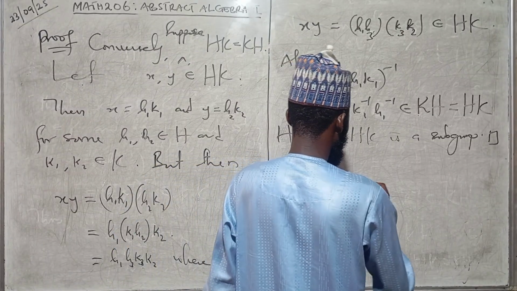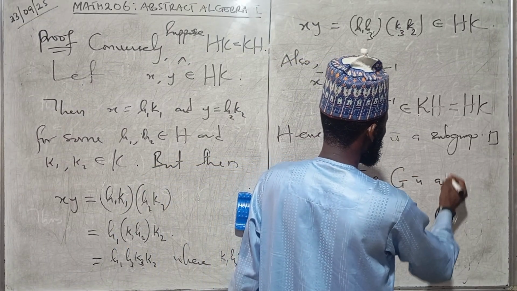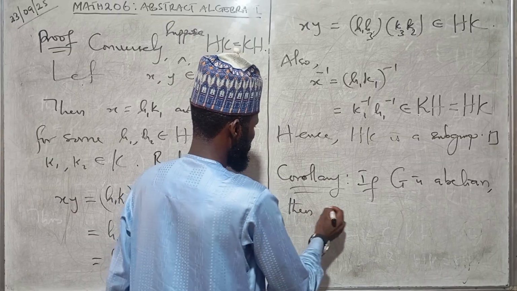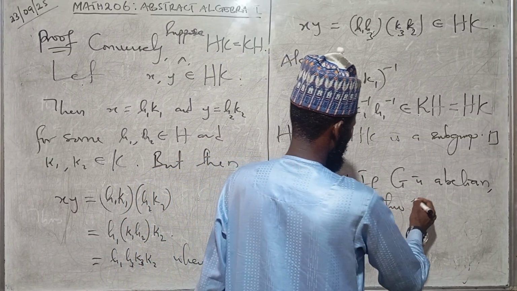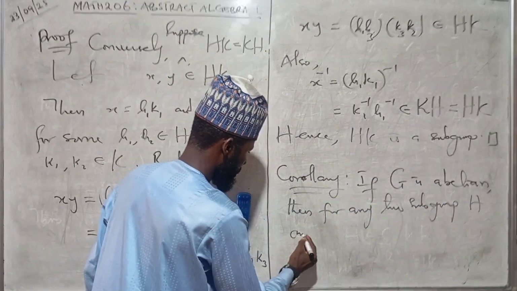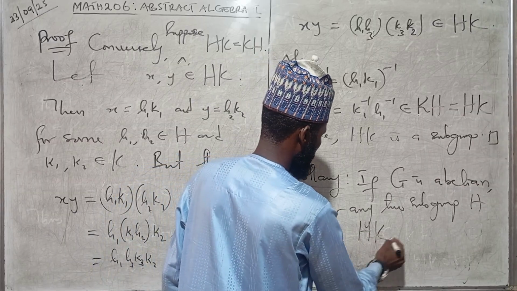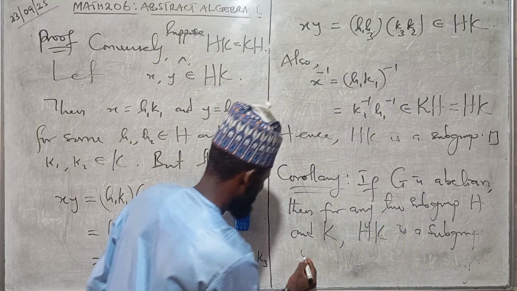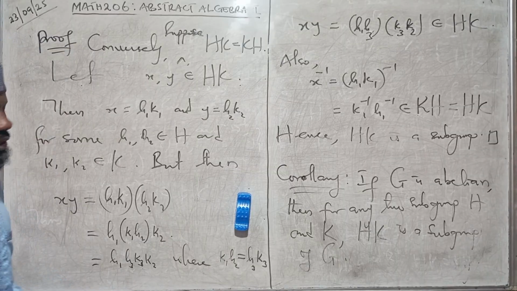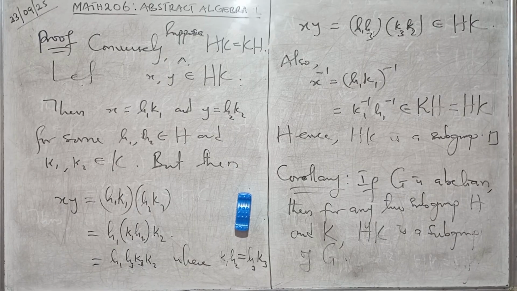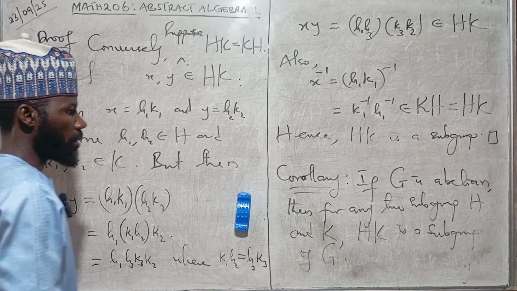So if G is abelian, then for any two subgroups H and K whatsoever, because the condition will always be true, HK is a subgroup of G. You always have HK to be a subgroup of G, for any two subgroups.